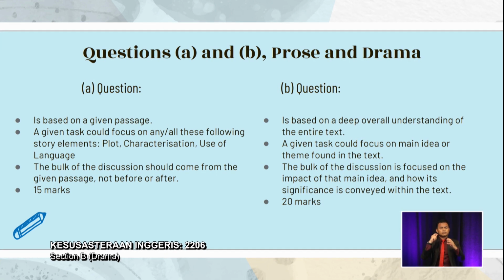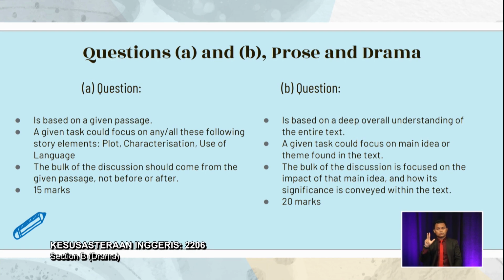Also, in a B question, we know that for 20 marks, candidates should know the drama in and out, meaning you thoroughly know the drama and you are prepared to answer a given task by assembling a response incorporating assessment objectives 1, 2, 3, and 4.